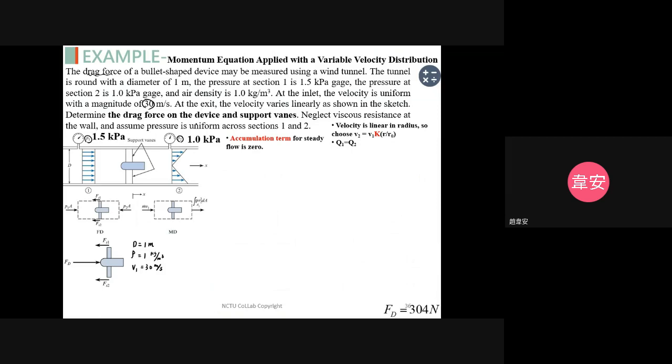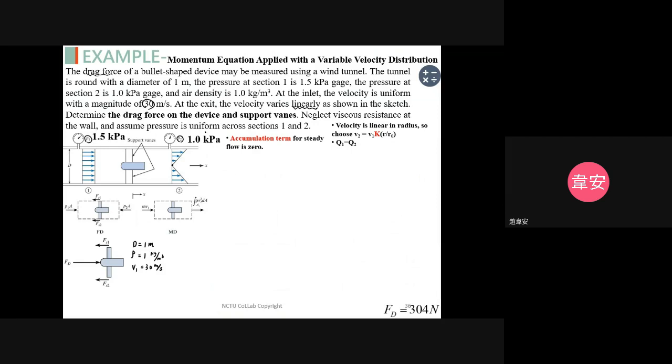But at cross section 2, the velocity is non-uniform, and the question tells you the velocity is linear velocity. So we go back to see the figure shown here. This is a linear velocity profile, and then here is the center.